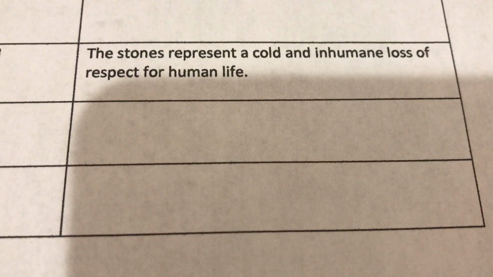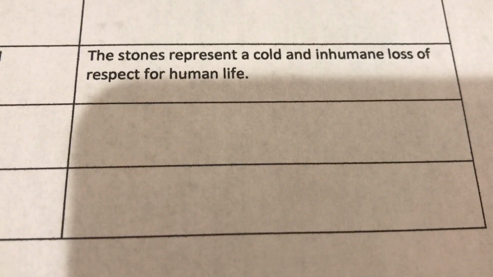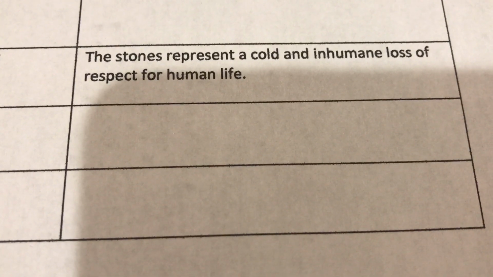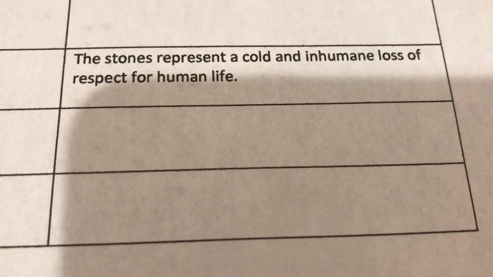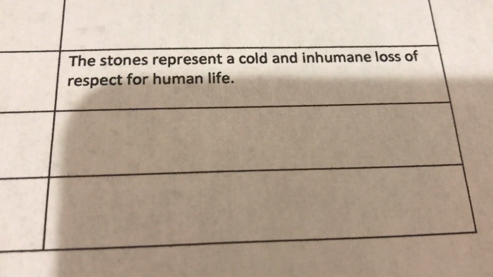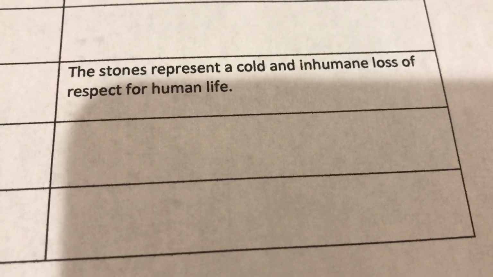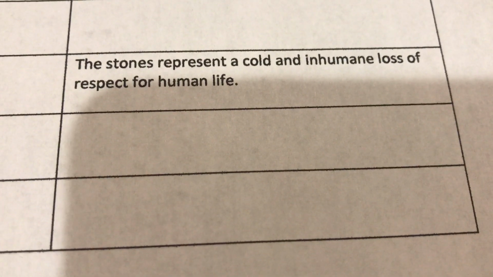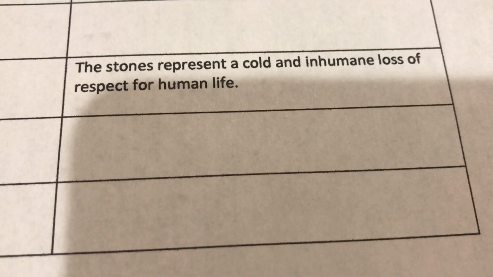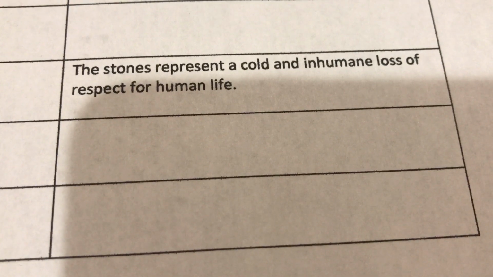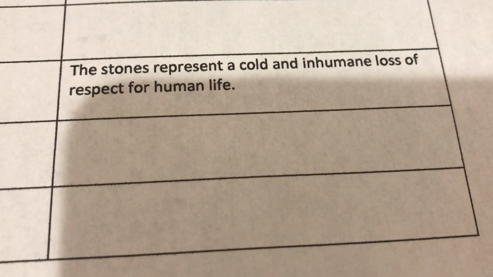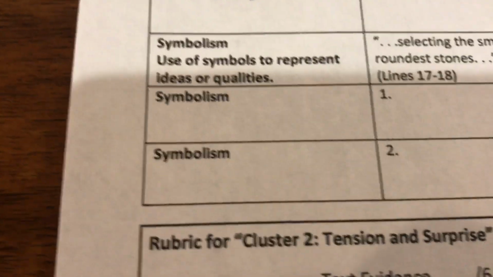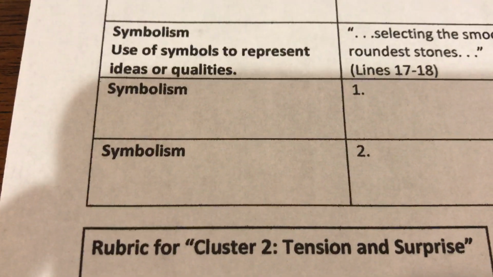Do they treat those people the same way they treat the box? Maybe the way they treat the box is indicative of how they treat those people. Maybe the box represents what happens to them. I don't know. Maybe a description of a character in the passage is indicative of a belief that the whole society has or something that occurs in the story. So as long as you can explain it really well, you'll get the points for symbolism.